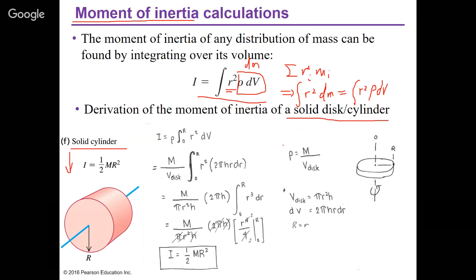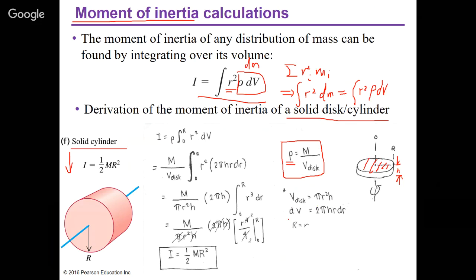First of all, if the total mass of the cylinder is big M, the density would be big M divided by the total volume of this disk, which would be pi R squared times h, where h is the thickness here, right? Pi R squared is the top surface area. That gives you the volume.